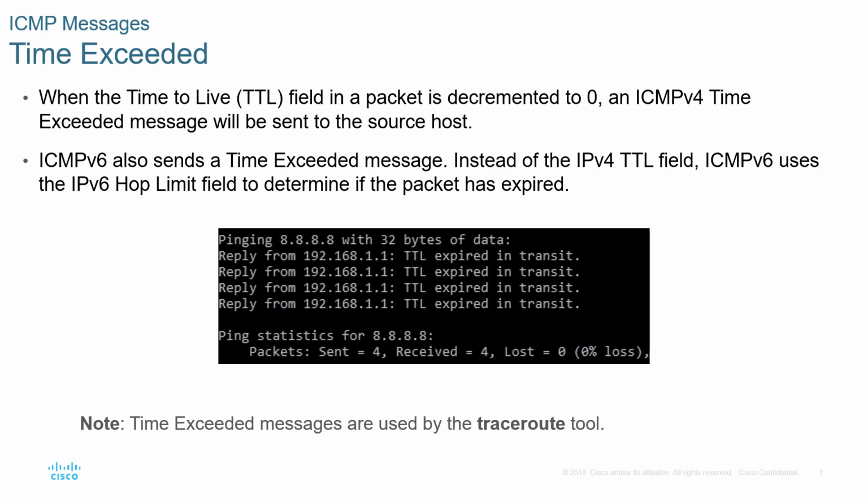That way, if we exceed our maximum hop limit, the packet will expire, not allowing it to live forever. Note that the time exceeded messages are used by traceroute as well. It's not always about ICMP.